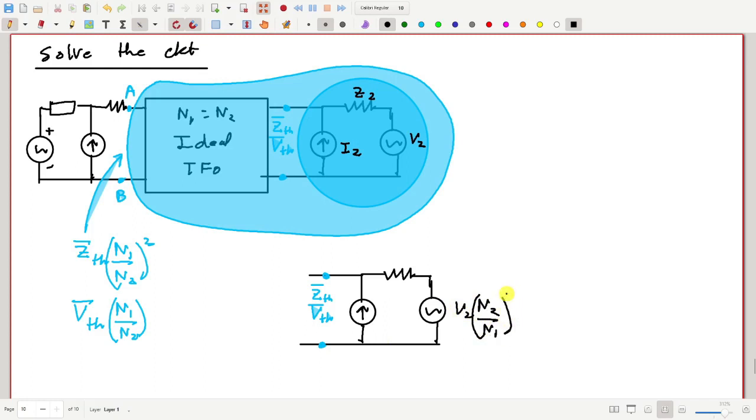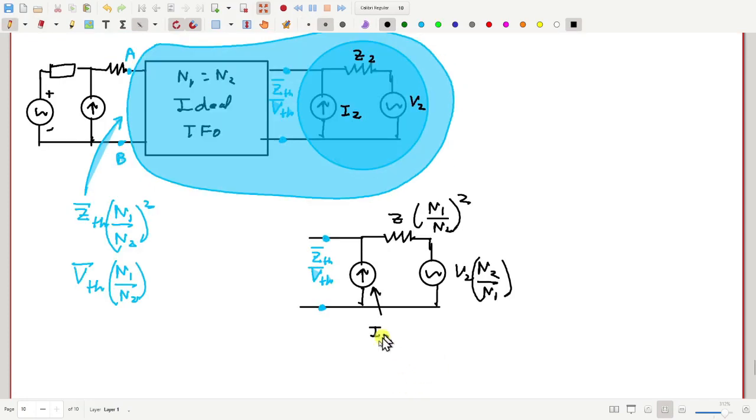Not square, only that. This I replace by Z2 times N1 by N2 whole square, and this current source I replace by I2 divided by N1 by N2.